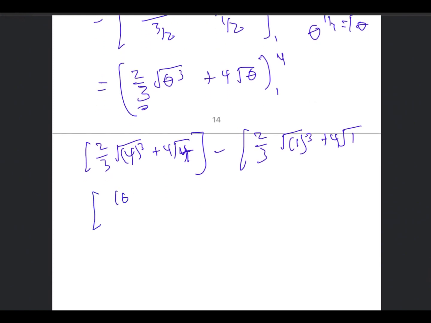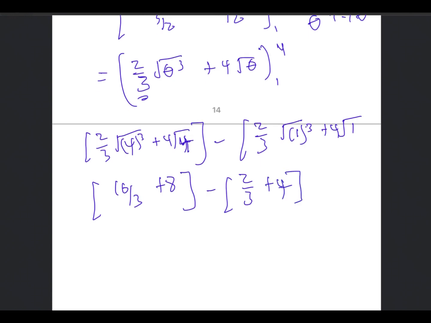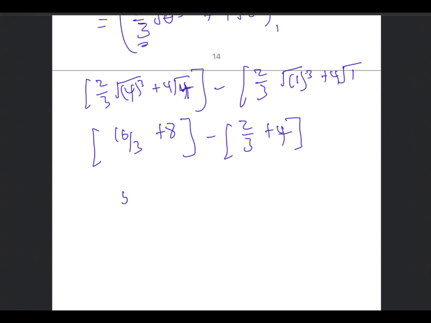And then at the end of the day, you are going to get 16 over 3 plus 8 minus 2 over 3 plus 4, right? And therefore, we are going to get 5 whole number 1 over 3 plus 8 minus 2 over 3 minus 4 equal to 8 whole number 2 over 3 or 26 over 3.